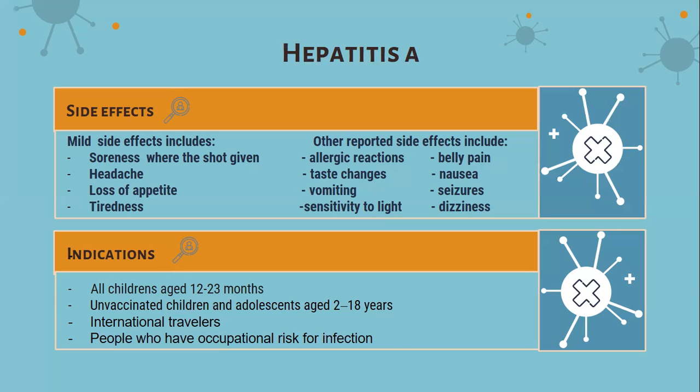Unvaccinated children and adolescents aged 2 to 18 years need talaga na mag-vaccine ng hepatitis A para prevention na din. For international travelers, just like I said earlier, it is recommended. And also for people who have occupational risk for infection. So, yun lang po ang lahat sa hepatitis A vaccine.